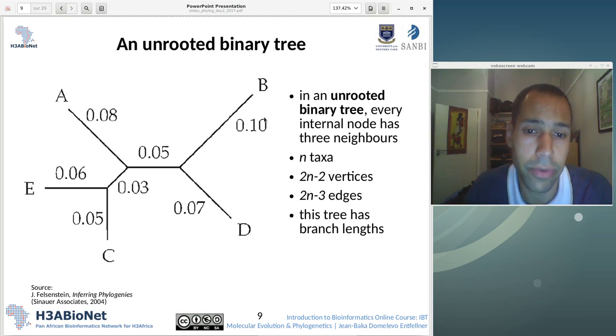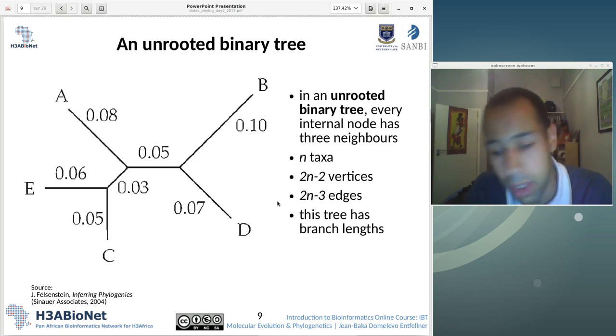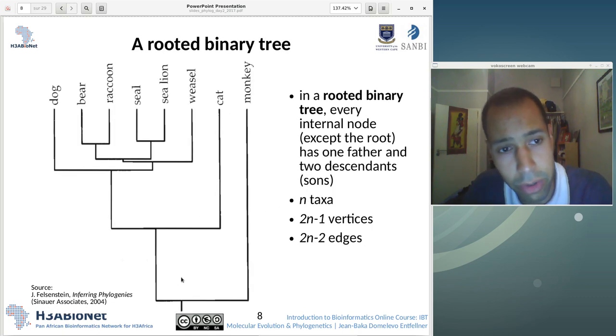So here, if we have n taxa, we don't have exactly the same number of vertices and edges. In fact, it's easy to see that you can go from a rooted tree to an unrooted tree. How do you do this? You just remove one node, being the root.